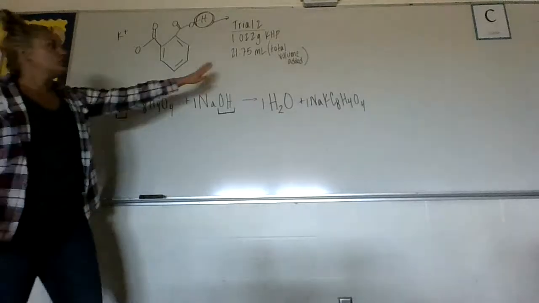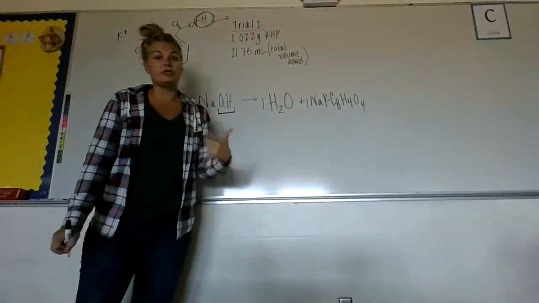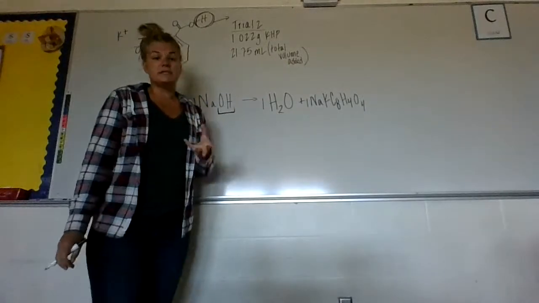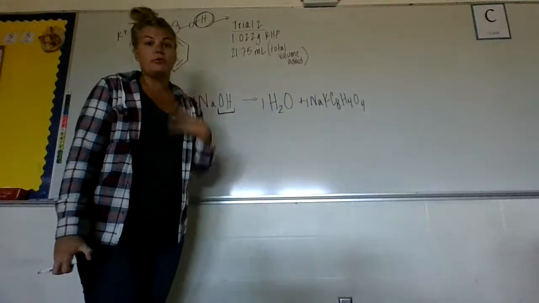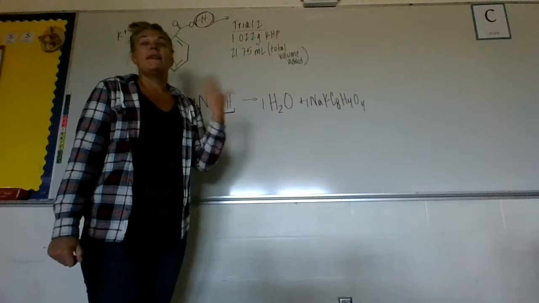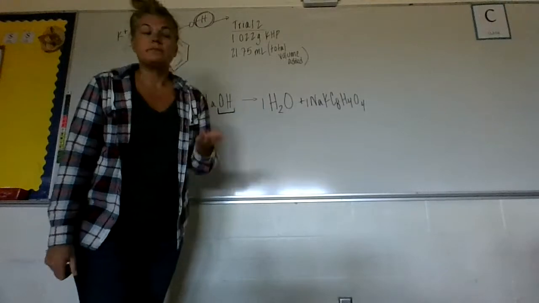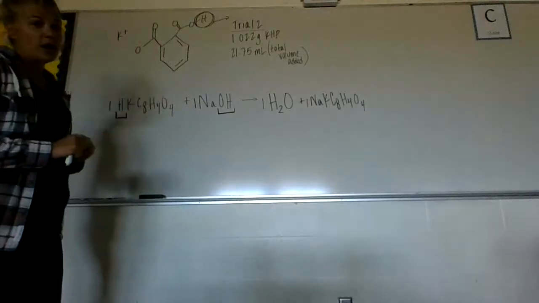You'll notice that I have trial 2 data up here. I'm going to solve from trial 2 because that was the best data set that we had. You will be responsible for trial 1 and trial 3, and then obviously a conclusion. I'll talk about the conclusion at the end of the lab. I don't want to get too far ahead of myself.